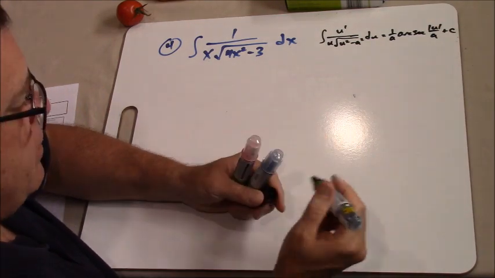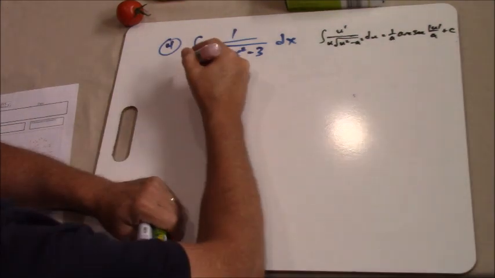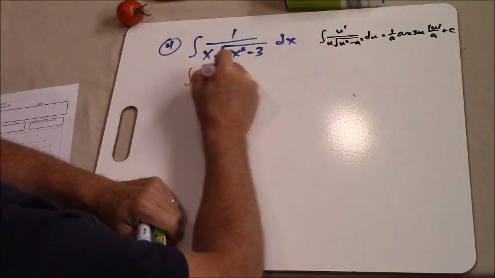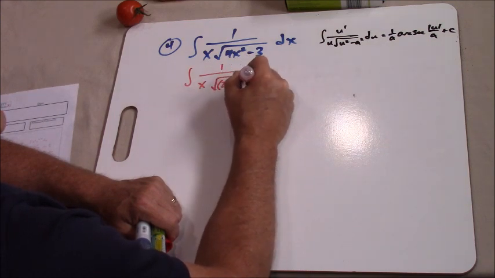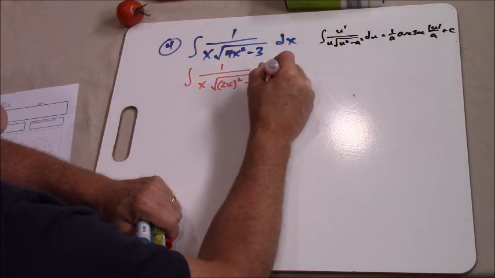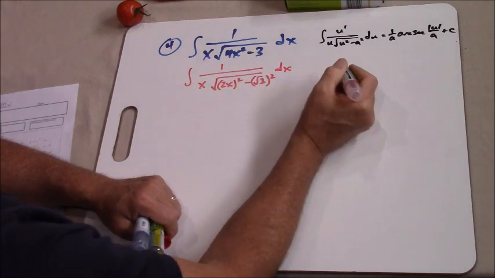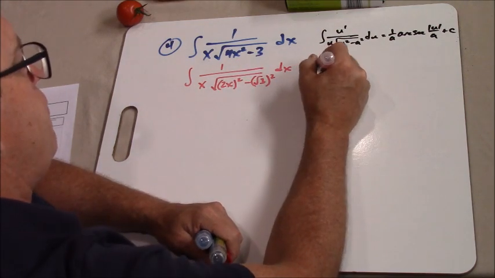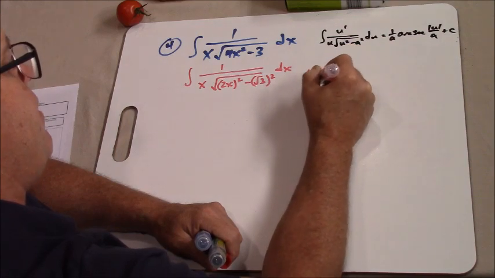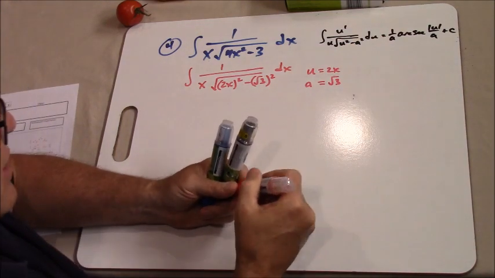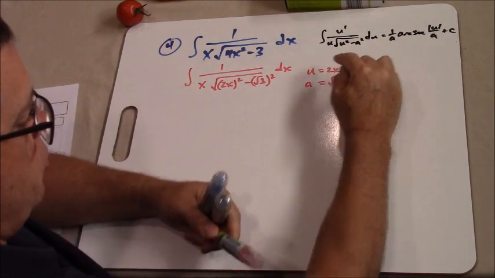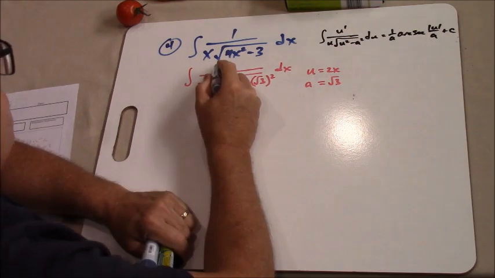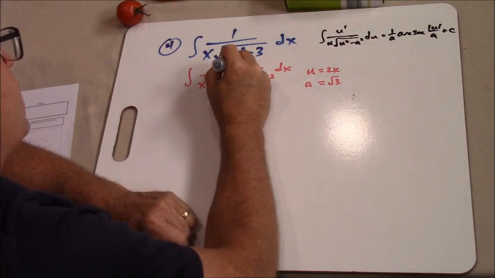I just need to make sure everything's set up right, so let me rewrite this problem. I've got 1 over x, and here I've got the square root of 2x squared minus the square root of 3 squared dx. That means my u value is going to be 2x, my a value is going to be the square root of 3, and what I need to see is u prime in the numerator. The derivative of this would be 2. I don't see a 2 here, so I'll go ahead and put 1 in.